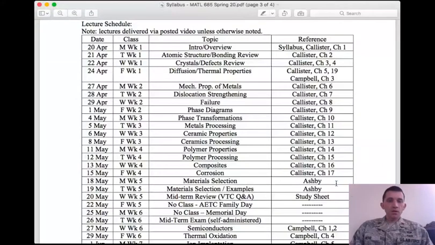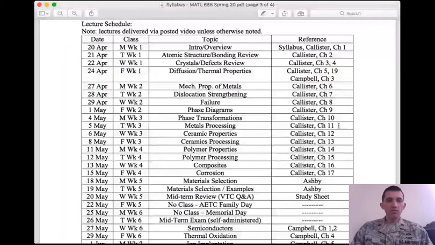I'm gonna jump over real quick to the syllabus here, and just point out, today we're doing chapter 6, and this is the first of several lessons dealing with metals.